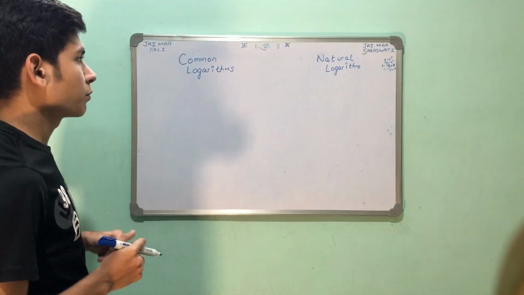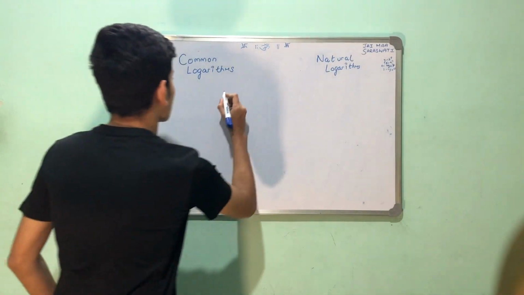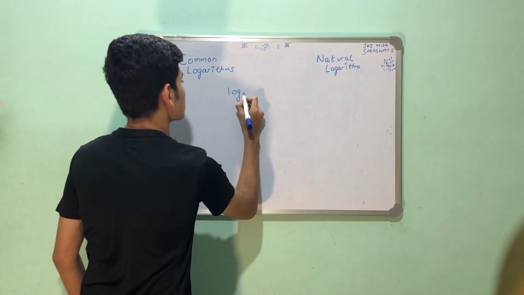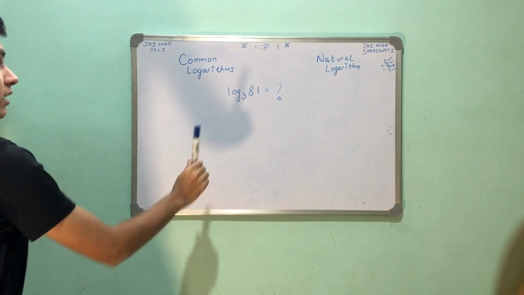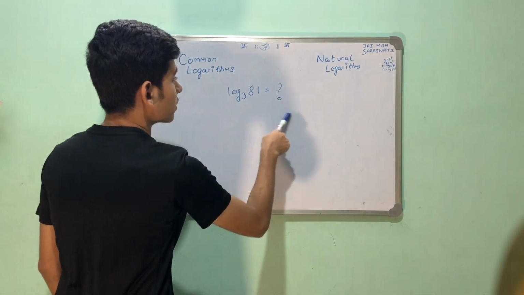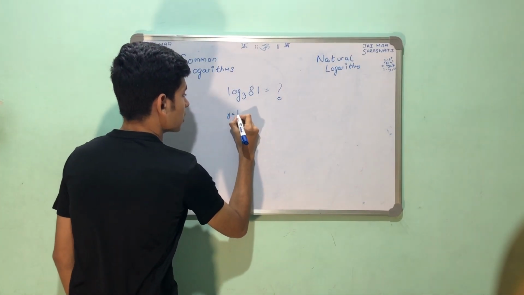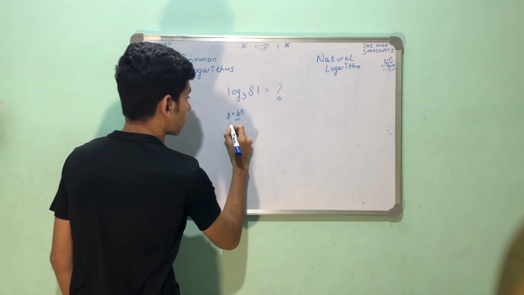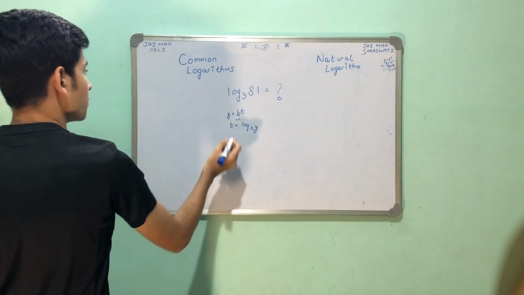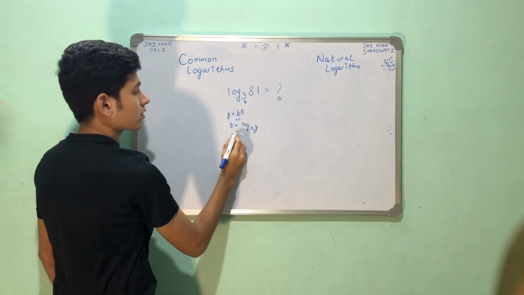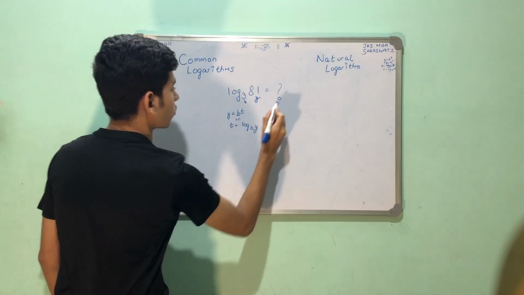Take another example for better understanding. Log base 3 of 81 is equal to question mark. So clearly we have to find the value of t, because y equal to b to the power t, or in logarithmic form t equals log base b of y. Here the base is 3, the value of y is 81 and the value of t is unknown.